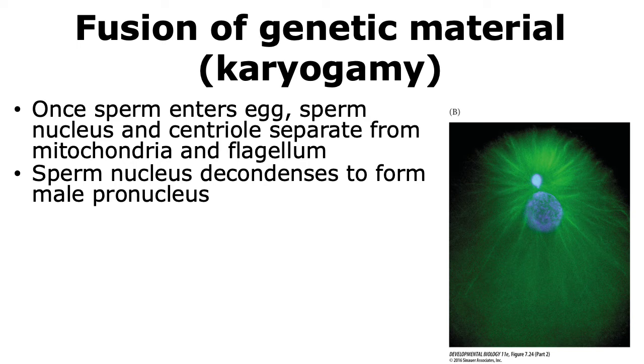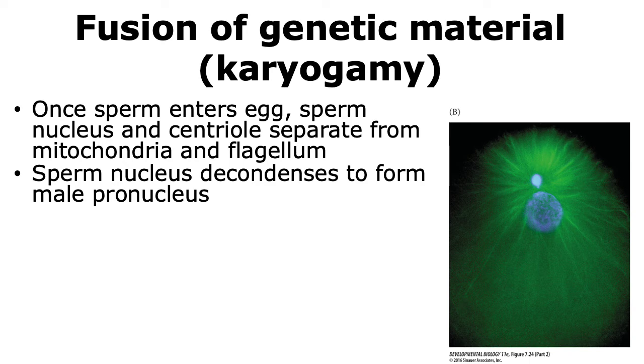Now, even though the mitochondria disintegrate, the centriole that was present in the sperm will persist. And that is why, even though mitochondrial inheritance is maternal, centriole inheritance is considered paternal because it comes from the sperm. Now, there are changes that happen to the sperm nucleus.